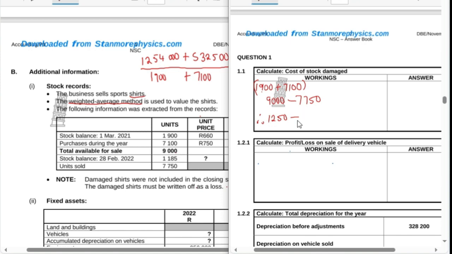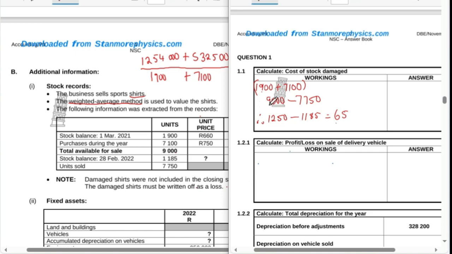Then we are going to just look at the difference that, based on the given figures, we have lost. It is this much: 1,250 subtract 1,185, and then we lost 65 units of stock.